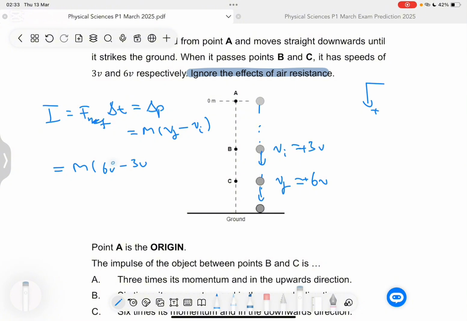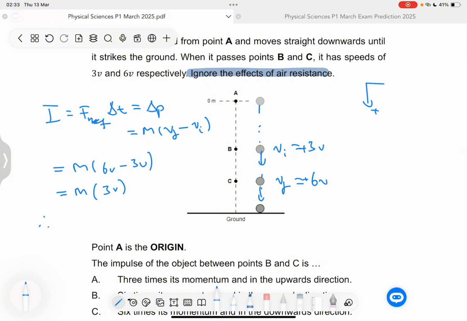Now when I substitute here, I'll have the final velocity of 6v, which is positive, and 3v, which is positive. Remember, you can choose downward to be negative, in which case we'll have a negative here and a plus as well there. So direction is up to you. Now when we solve this, you can see that we're going to have m, and in here we're going to have a 3v.